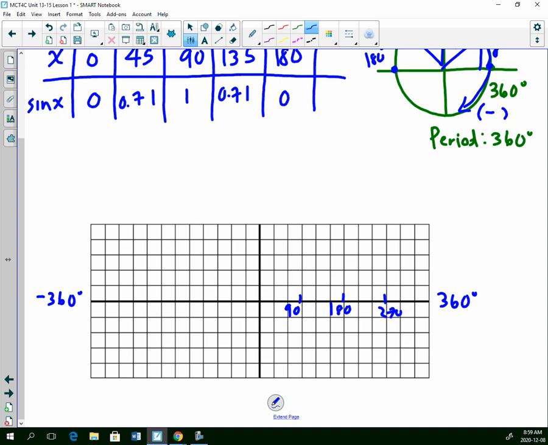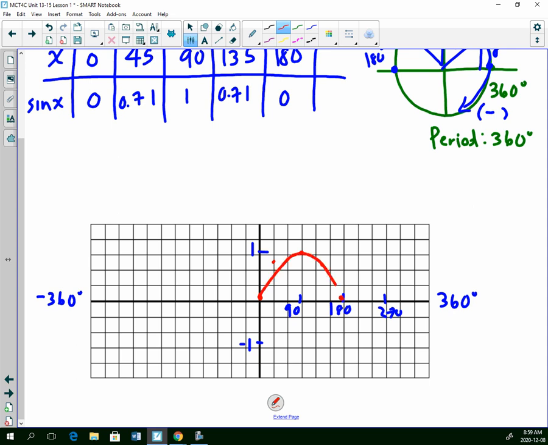So 45 is approximately here. I'm going to go up to 1, down to -1. So sine of 0 is 0. Sine of 45 is approximately 0.75, which is about here. Sine of 90 is 1. Sine of 135 is approximately here. And sine of 180 is back to 0.